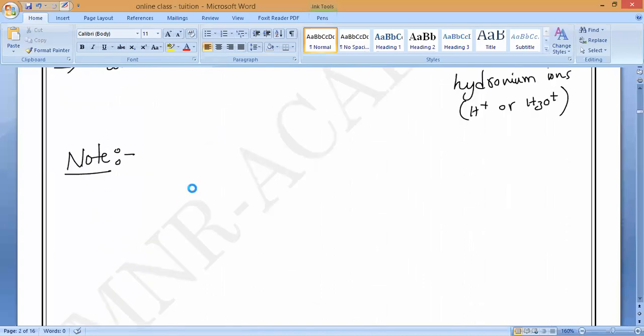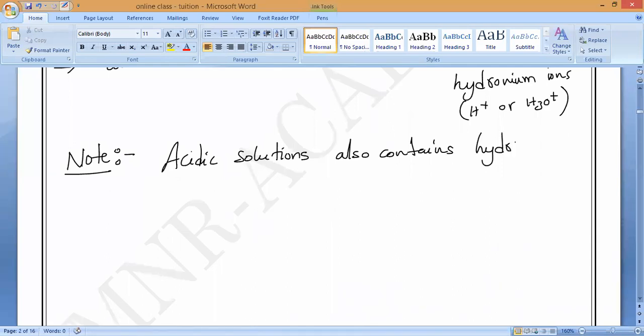Acidic solutions also contain hydroxide ions, which come from the ionization of water.